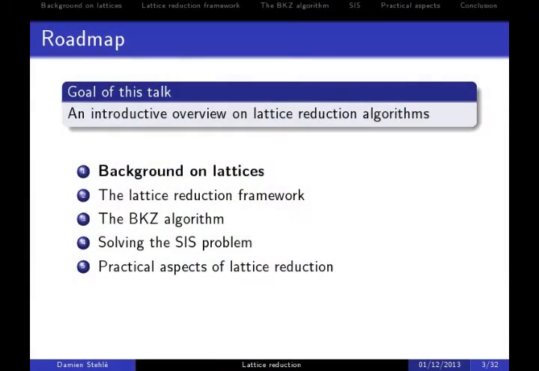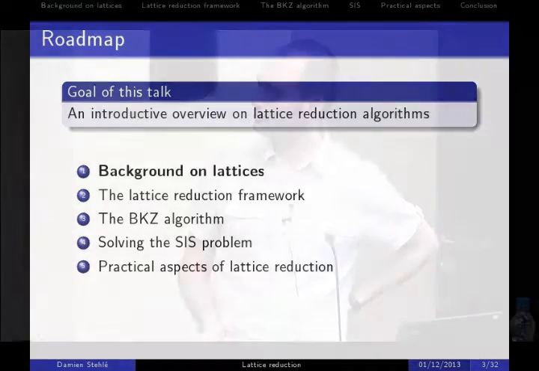Okay, so the goal of this talk is to have an introductory overview of lattice reduction algorithms and not go too deep into the details. So I'm going to recall some background on lattices and then explain how we get to lattice reduction. And I'll describe in more detail the Block-Korkine-Zolotarev algorithm due to Schnorr, which is the main lattice reduction algorithm used today.